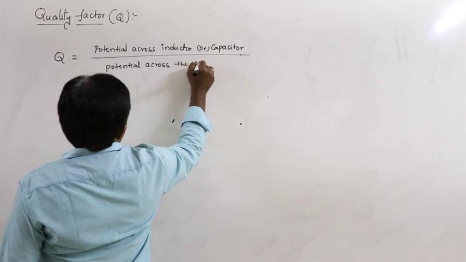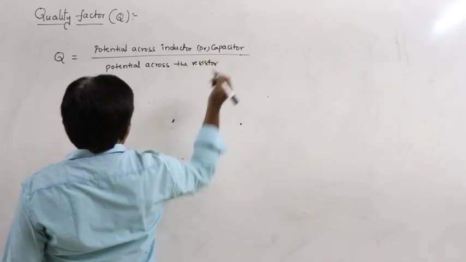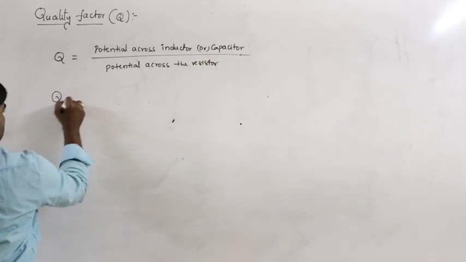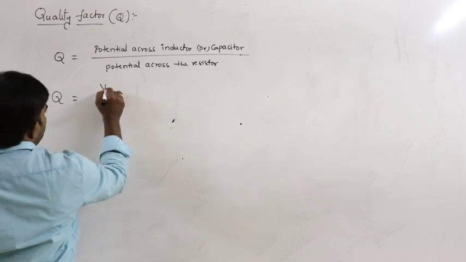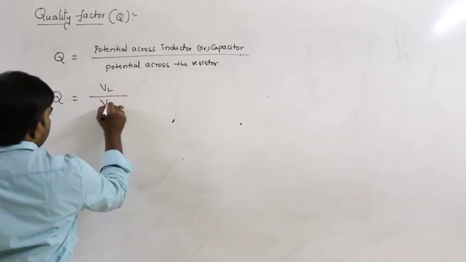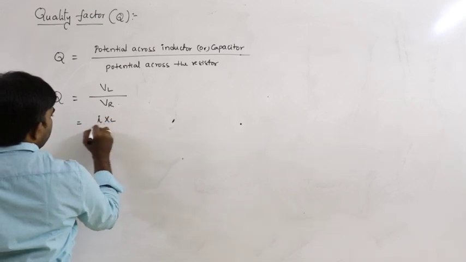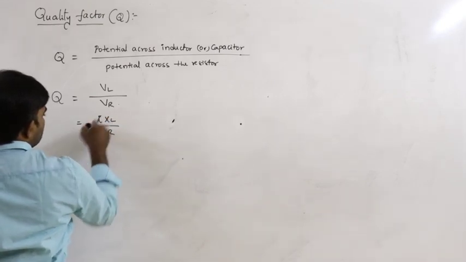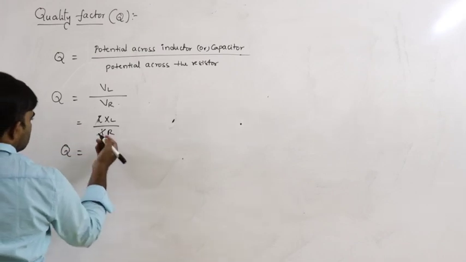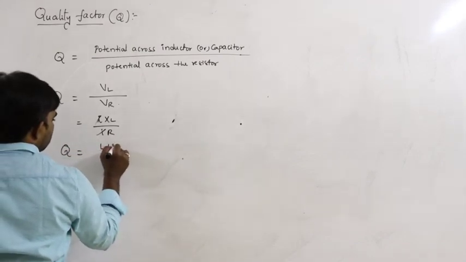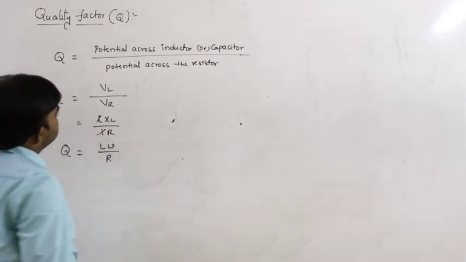Therefore Q is equal to potential across the inductor, let us say VL by VR, that is IXL divided by IR. So Q is equal to XL, which can be written as L omega, divided by R.